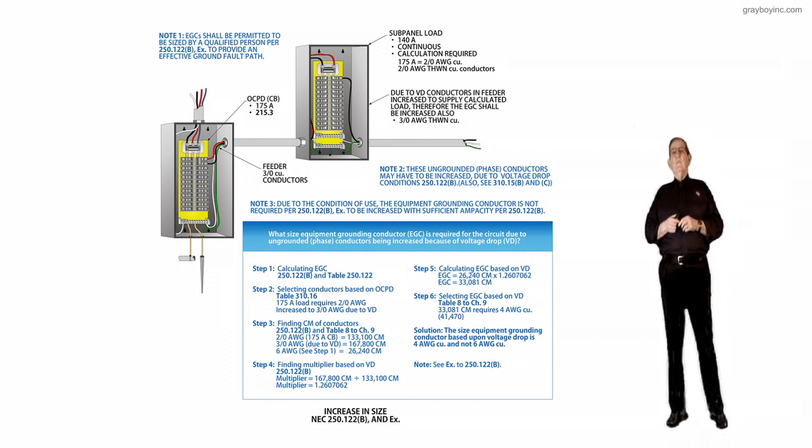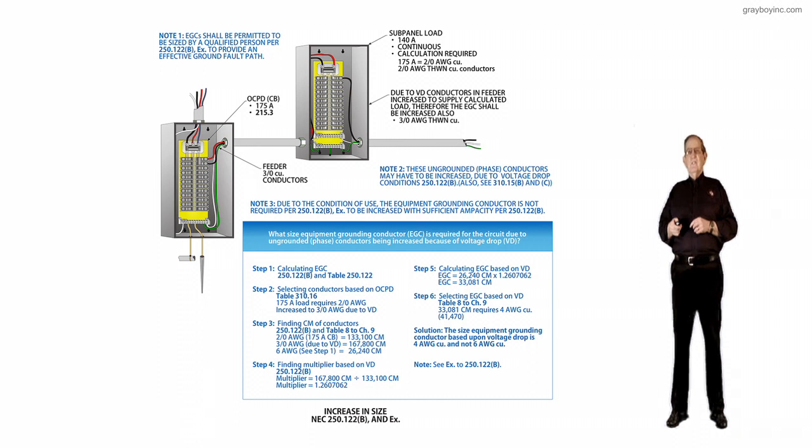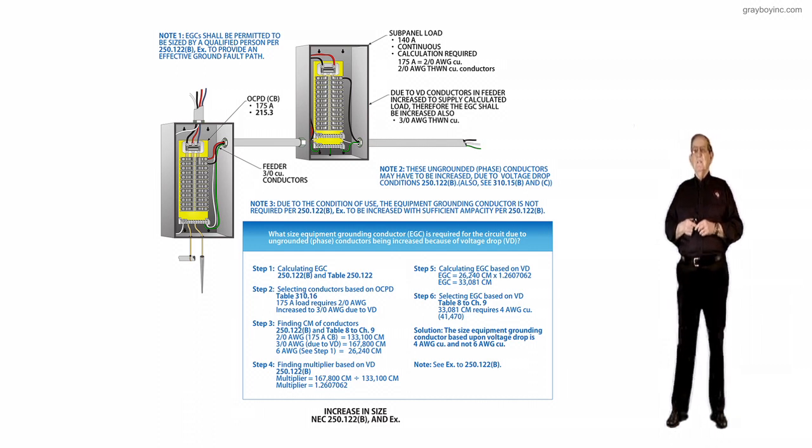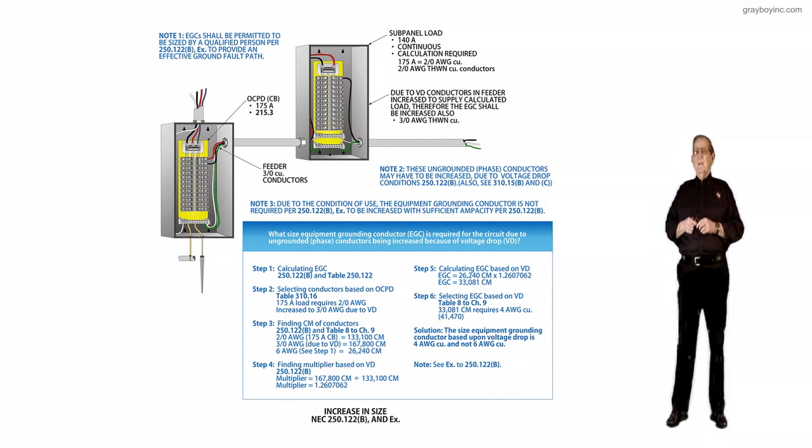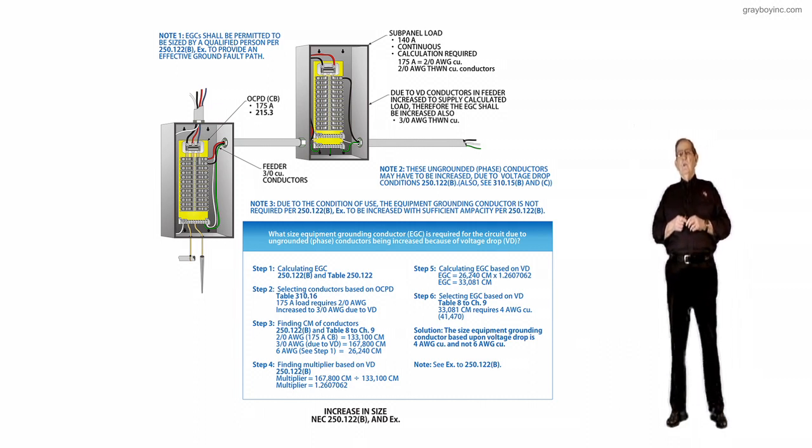But when we reviewed in step 1 in the call-out information, in the boxed in information, 250.122(B), as in boy, and Table 250.122 is addressed, and Table 310.16. So the 175 amp load required a 2/0 that's good for 175 amp, and our Table 250.122.